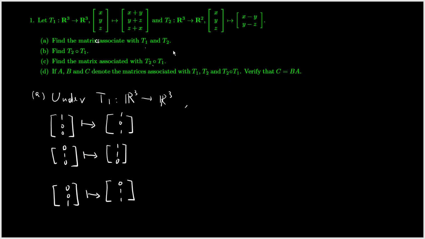So why do we do that? We want to get the matrix associated with T1. To get the matrix, we need to get the outputs for the inputs of the standard basis vectors. Now the notation, you look at the last line, question D. I'm going to use A to denote the matrix associated with T1.